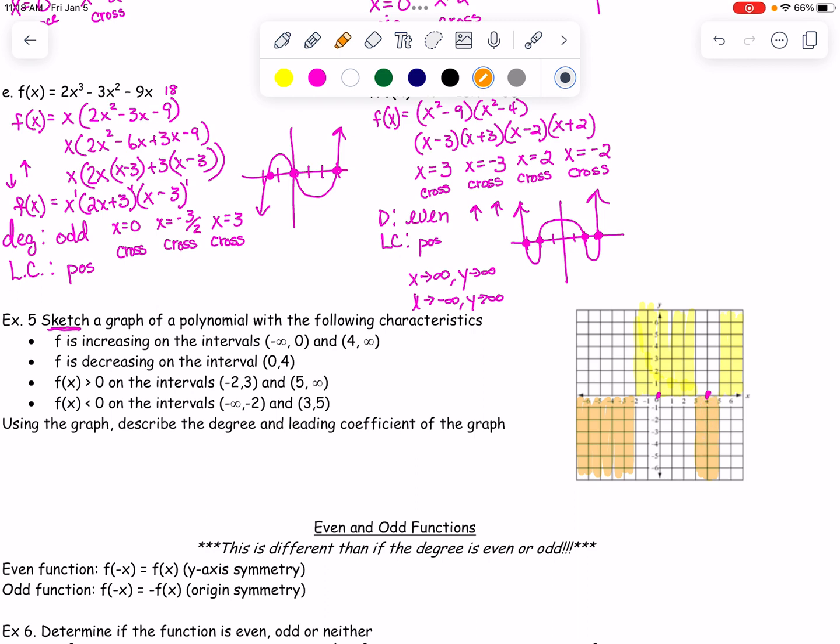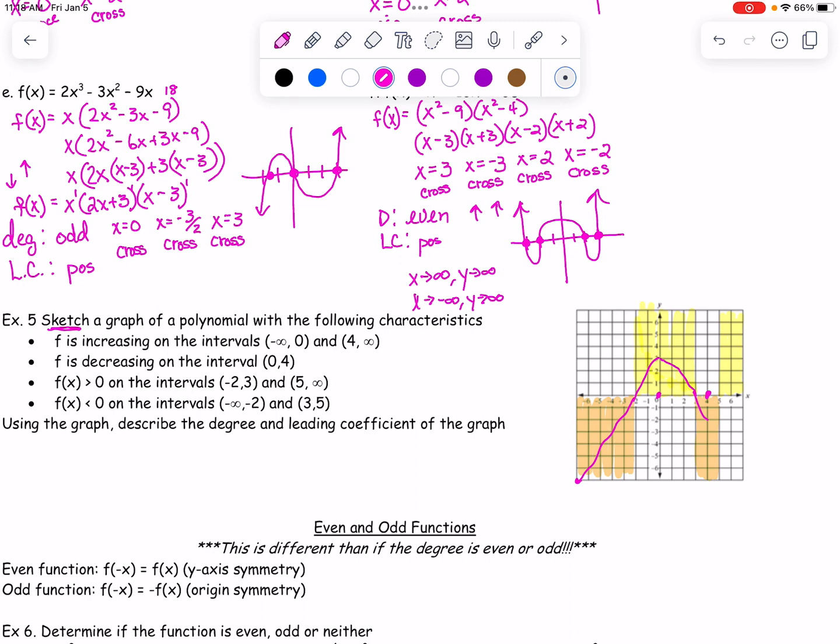Now go back, and it says it's increasing from negative infinity to 0. So I can start anywhere. If I start here, it's got to be increasing. Now it's going to shift over into the yellow, and keep increasing until you get to 0. At 0, it's going to start decreasing, but I'm still in the yellow. So I keep going, decreasing, now I'm in the orange, and I go to 4.